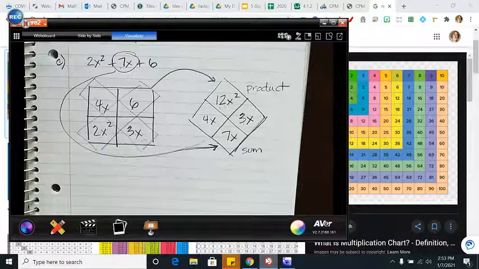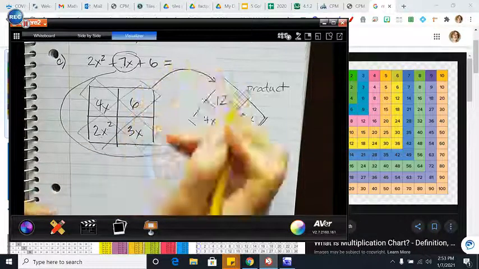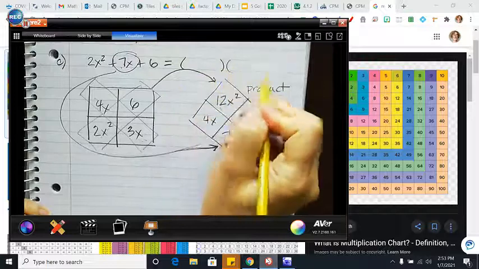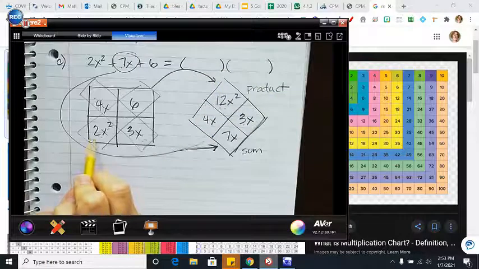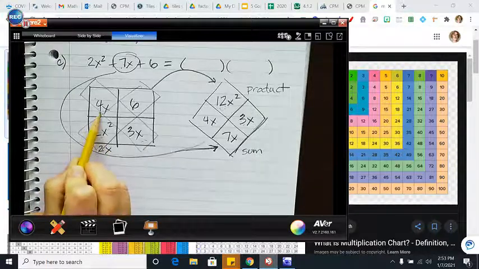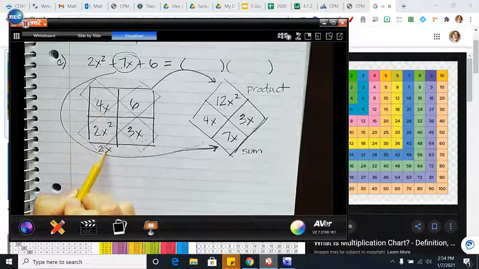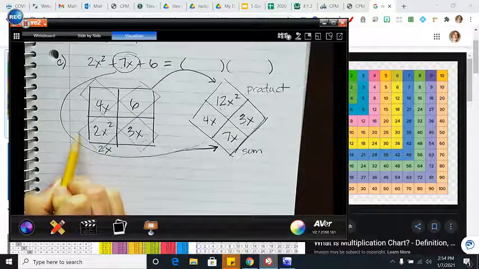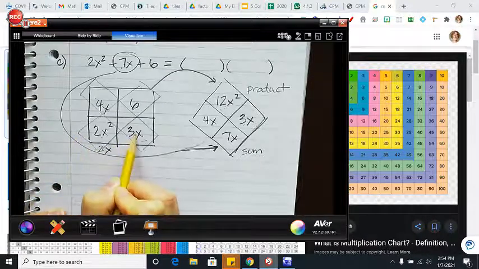So it does matter where 2x goes, and it matters where x goes. And this is what you're going to type in for the check-in. Your check-in is going to be the product. So because 2x is a factor of 2x squared and 4x, I'm putting 2x on the bottom. I could not put it here because 2x is not a factor of 3x.